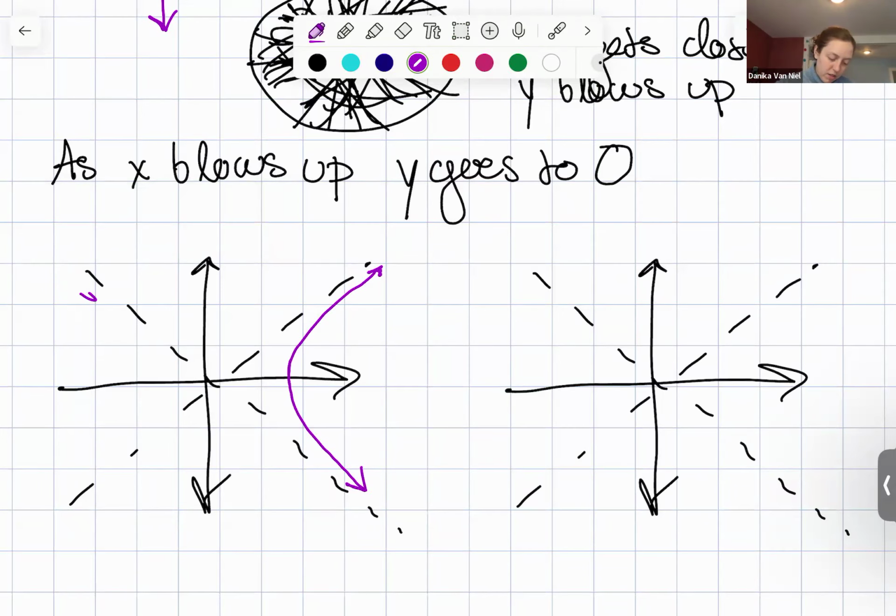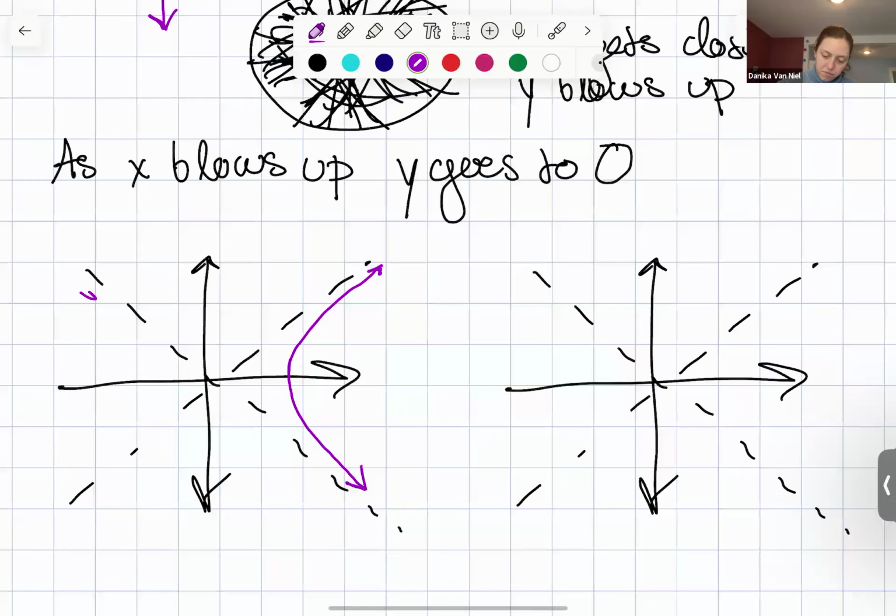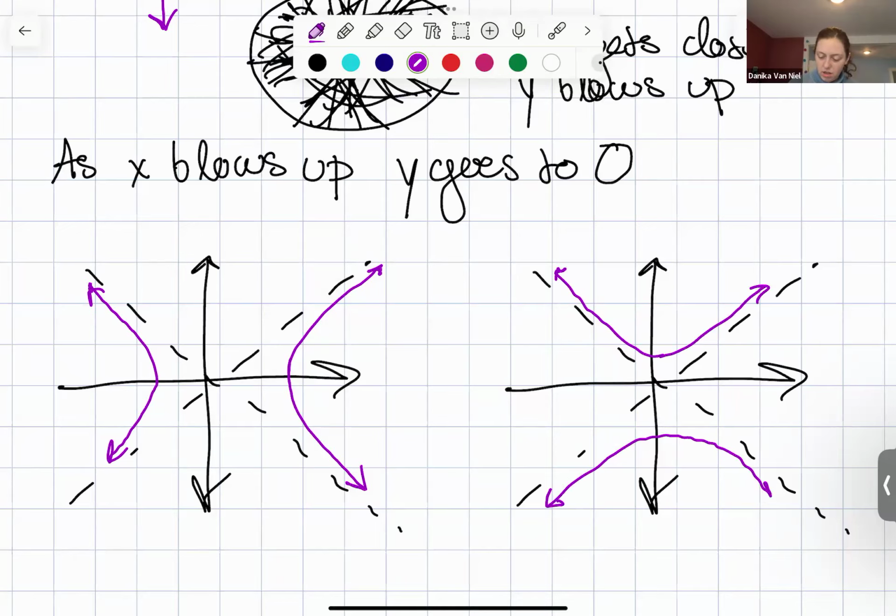I can have something that looks like this. Or I could have something that looks more like this. Just pretend I'm good at drawing. Okay. So what are these?